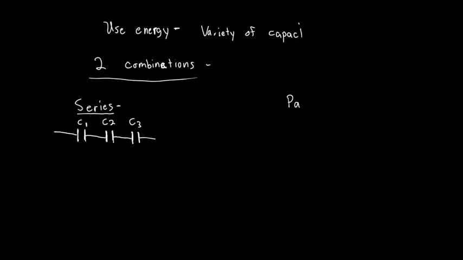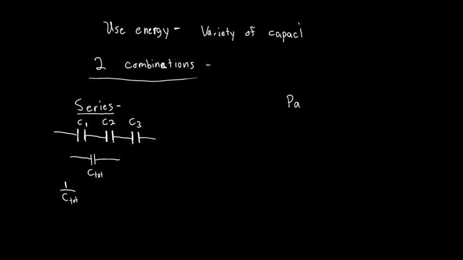So by combining these together, I can add them up and combine them into one total capacitance. I'll call that C total. So this is a way that I combine capacitors that I can buy to get a final capacitance that I want. And when I add capacitors in series, I can do 1 divided by C total.